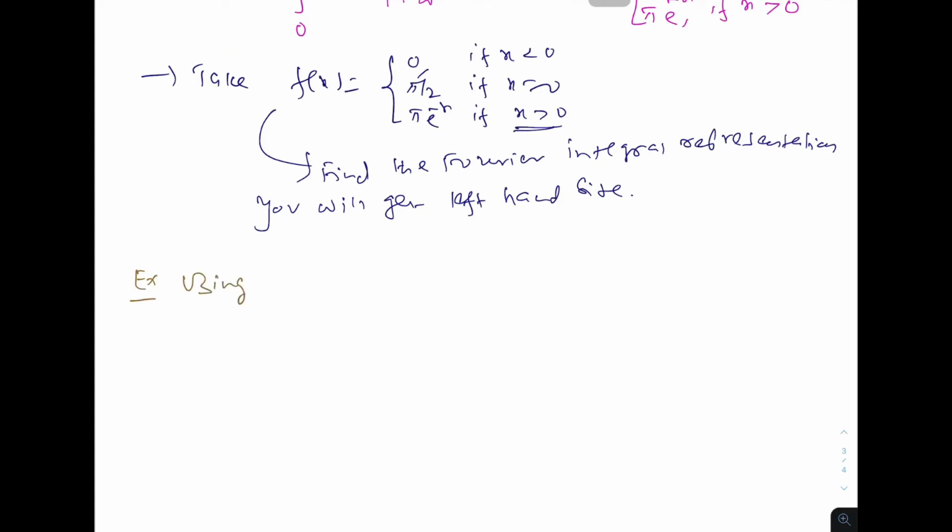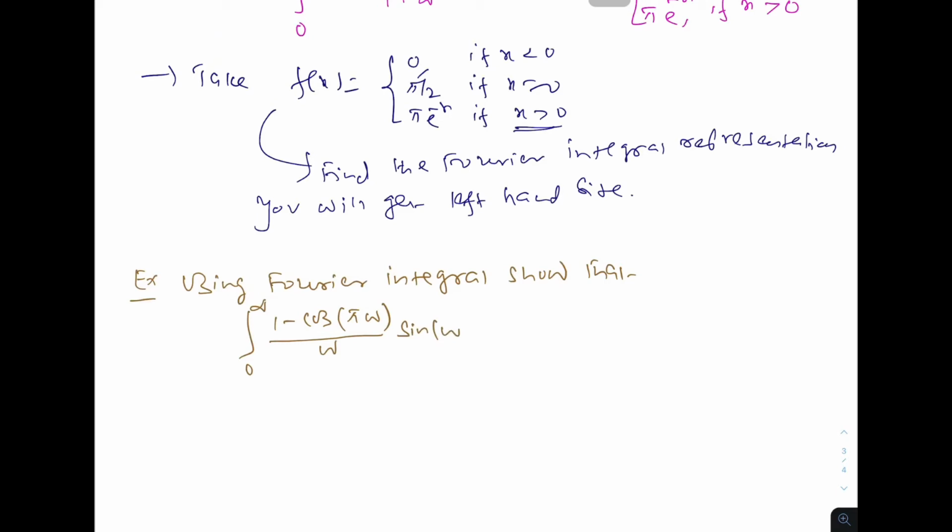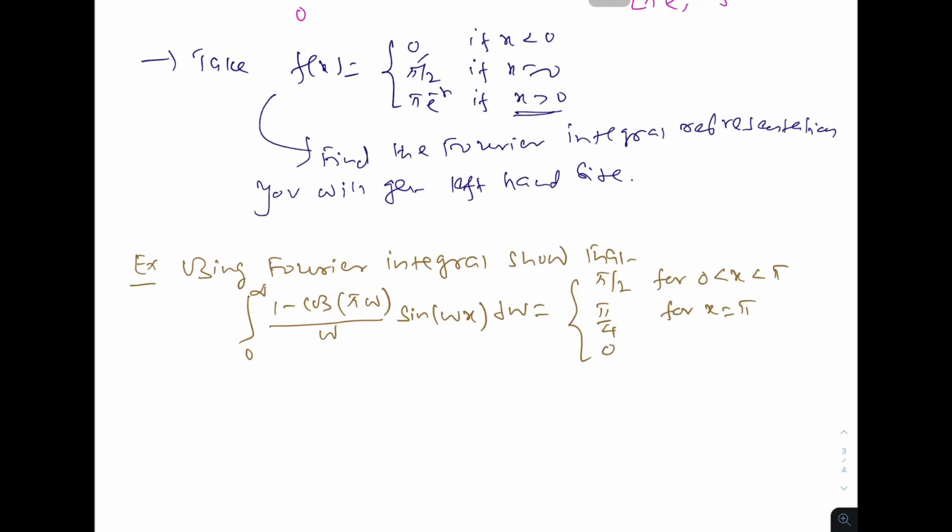Using Fourier integral, show that integration 0 to infinity of (1 minus cosine pi omega) over omega, sin omega x d omega equals pi by 2 for 0 less than x less than pi, pi by 4 for x equal to pi, and 0 for x greater than pi.